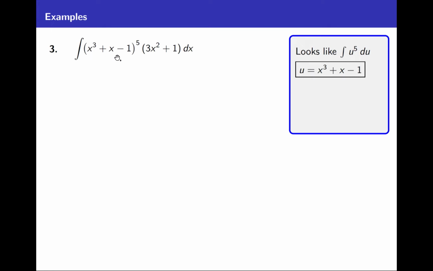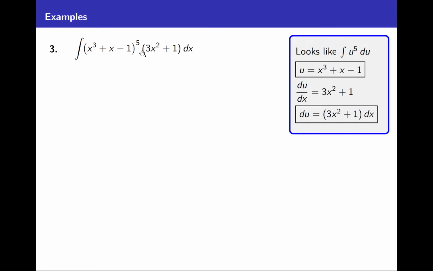And now all of this turns into the integral of u to the power of 5, which looks good. But then we also have the 3x squared plus 1 times dx. We're hoping that that turns into a du. Let's check it. We take the derivative of our choice for u here, du/dx equals 3x squared plus 1, multiply through by the dx, and you get du equals 3x squared plus 1 dx.